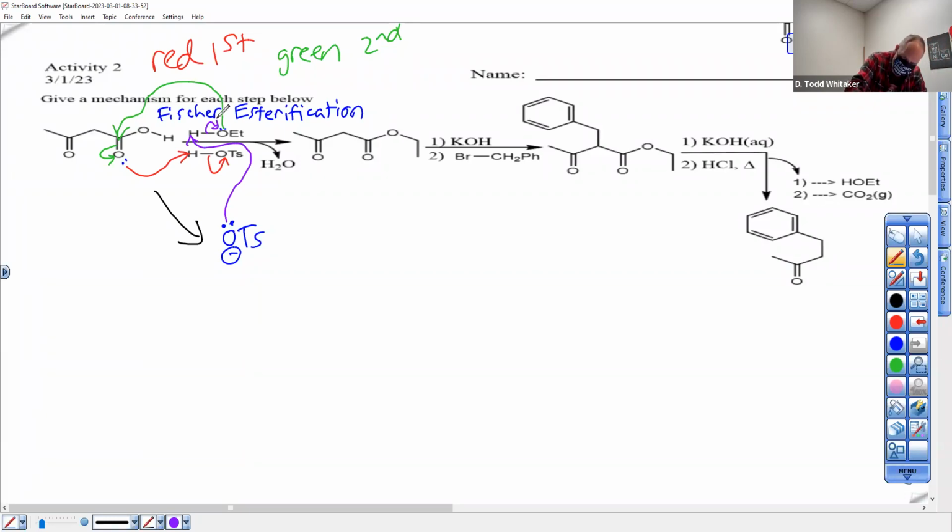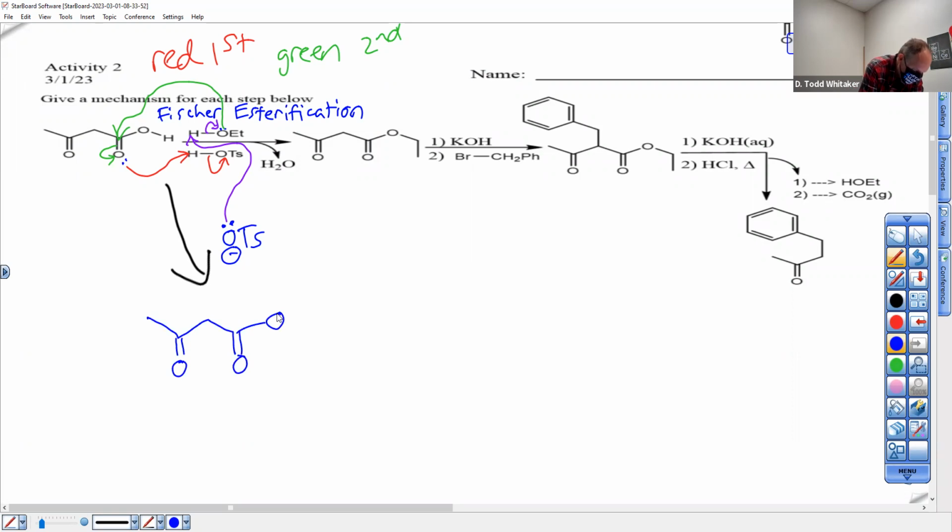So you have right now the species here. Got the carbonyl back, old carbonyl there. Still have an OH. Is that right? What do we have?